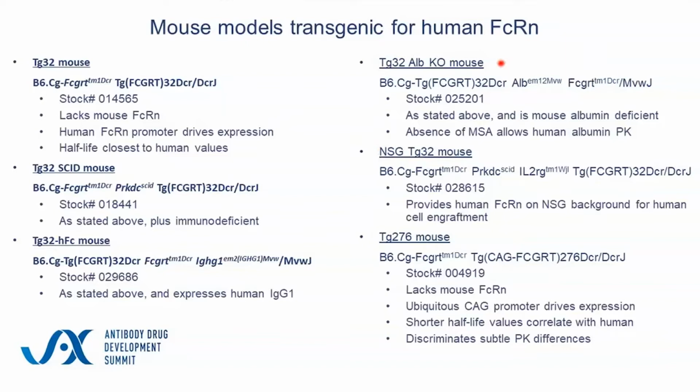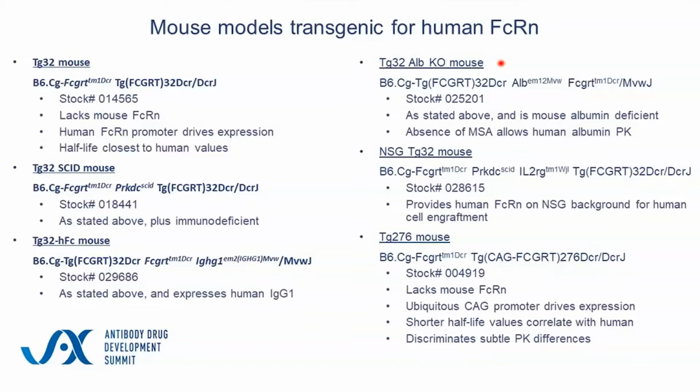The next mouse is the TG32 mouse which is deficient for mouse albumin. And the utility of this mouse is that mouse albumin has a high affinity for human FcRn. And if mouse albumin is present when you do PK studies with albumin therapeutics, the human albumin, your candidates can't compete with the mouse albumin.